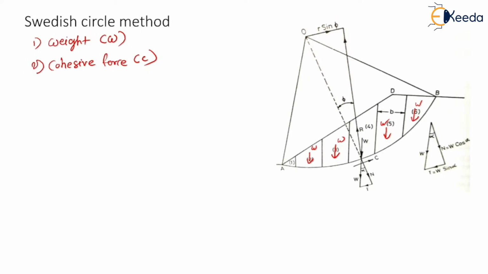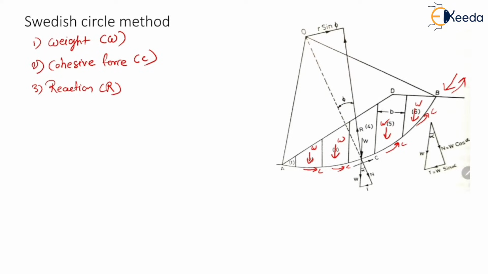Suppose because of slippage the wedge is moving in downward direction, then cohesive force will act in upward direction because it will try to resist the movement of the wedge. So for each slice, cohesive force will be acting in upward direction along the curved surface.